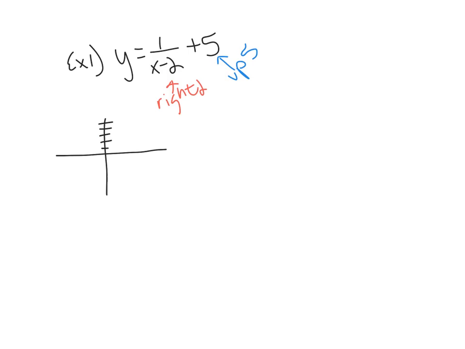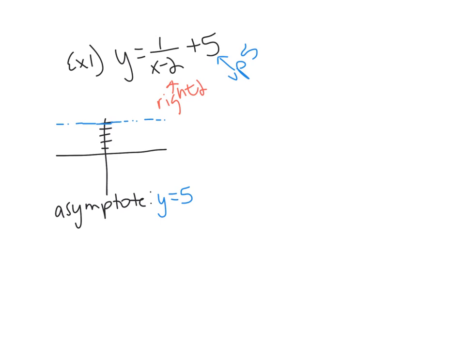If I'm moving up 5, that means my horizontal asymptote is now at y equals 5. Let's go ahead and write that down. So yes, one asymptote has switched. My asymptote, let's spell that. Asymptote. There we go. So my horizontal asymptote is going to be at y equals 5 now.